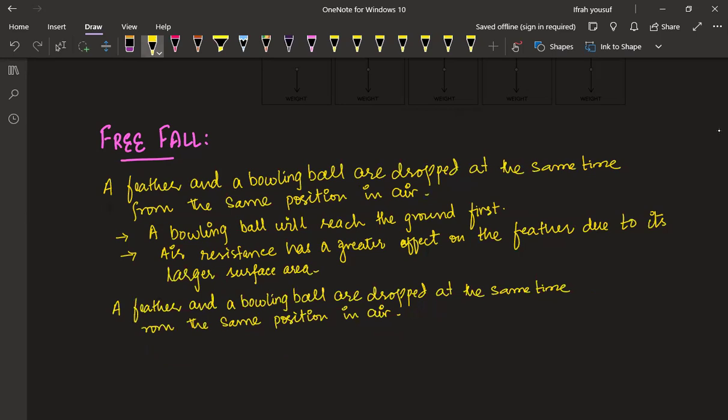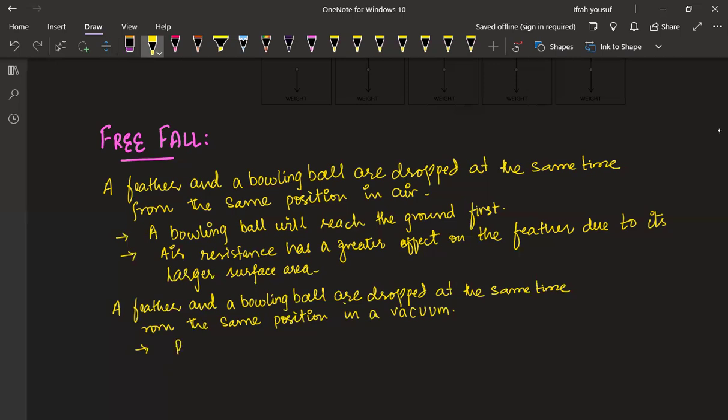What will happen? Who will reach the ground first? Both of them at the same time. Both will reach the ground at the same time and same speed, because there is no air resistance, no air particles, so there will be no effect on them.